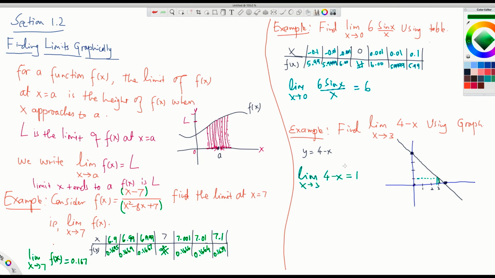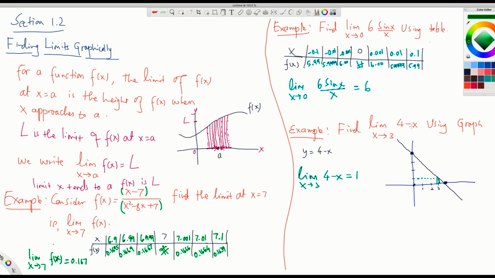You can guess the height from here too. If you take the values of x close to 3, what do you get? At 3.1, it is 4 minus 3.1, that is 0.9. Similarly, from the left side, let's say x equals 2.99.